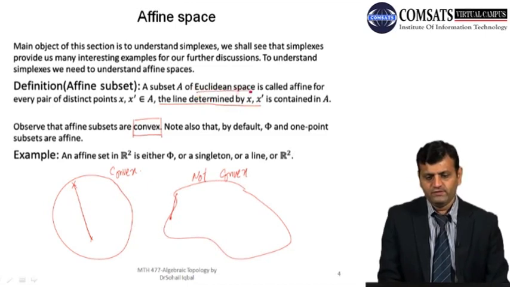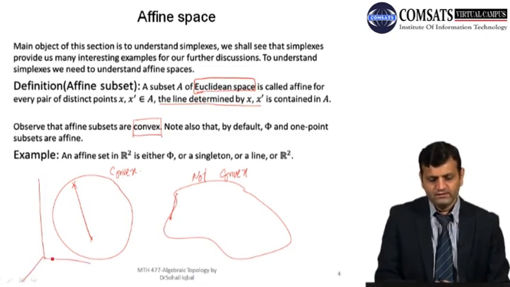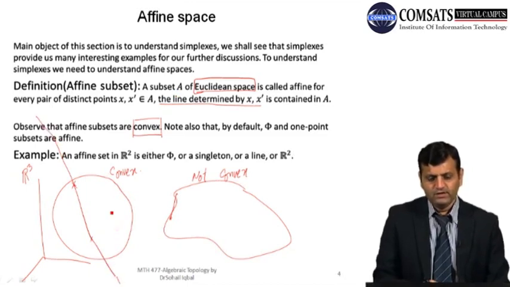So if we are in the Euclidean space, then we can determine a line passing through 2 points. So for example, if this set is in, let's say, R3, and we are considering a subset and we want to show that it is an affine subset, then the line determined by these 2 points, which is an infinite line, should be contained in this.